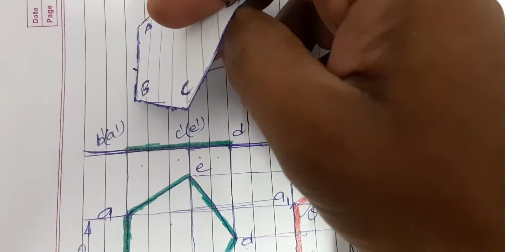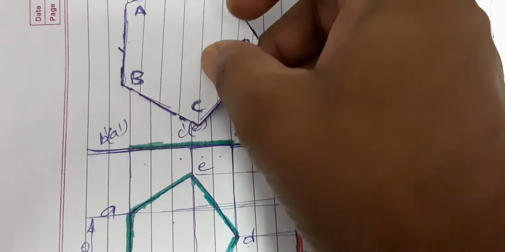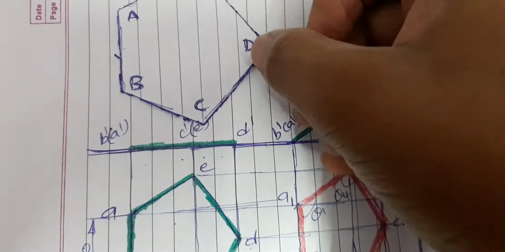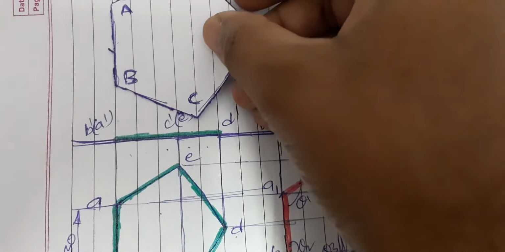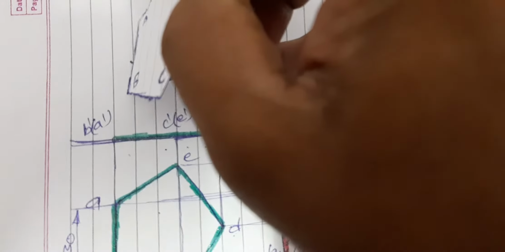Got it? The only difference is that here the plane is lying on the ground like this. But when that particular plane is viewed from the front side, both front views will be the same.